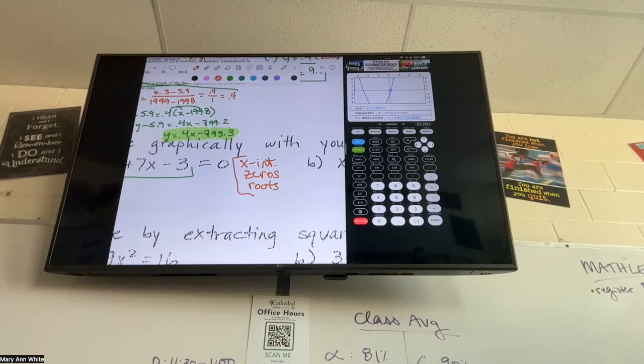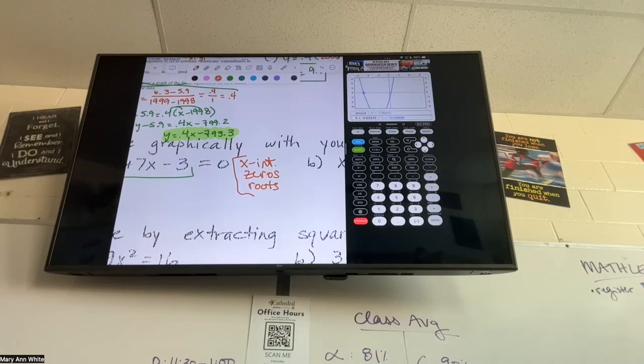So if I say solve, find the x-intercepts, find the zeros, find the roots, I'm looking for all the same thing. So we are going to go to our graphing calculator, just like we found the intersections, and find our zeros. So if I go second trace 0, note that you have 2 of them, so make sure that you're cheating to one side or the other so you get both of them. So I'm going to go left bound, right bound.